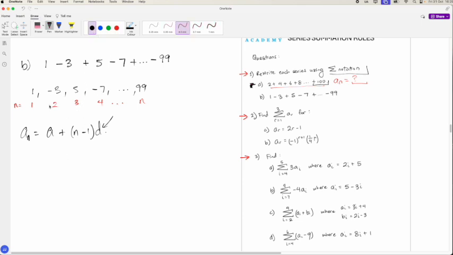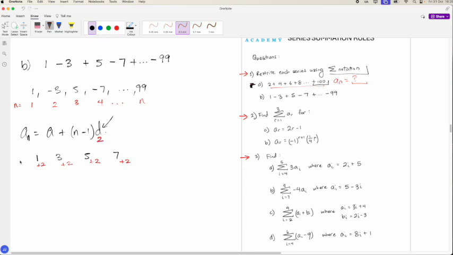So let's ignore the negatives for now. Let's just go 1, 3, 5, 7. Without those negatives, it's quite easy to see that I could add 2, add 2, add 2, and so we would have a common difference of 2.